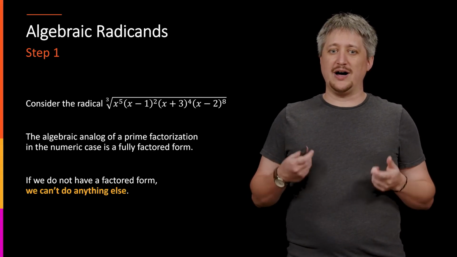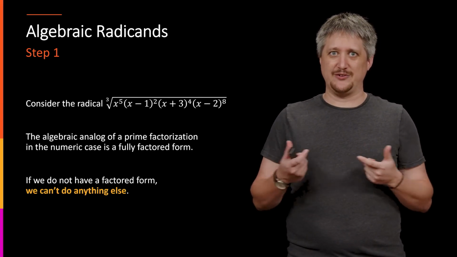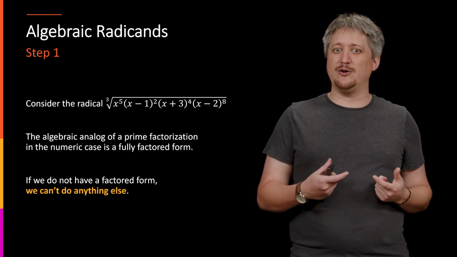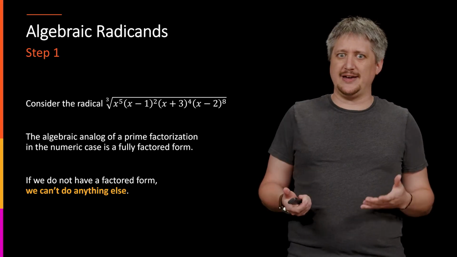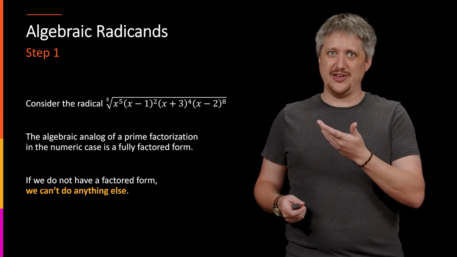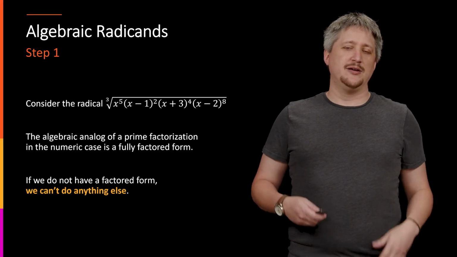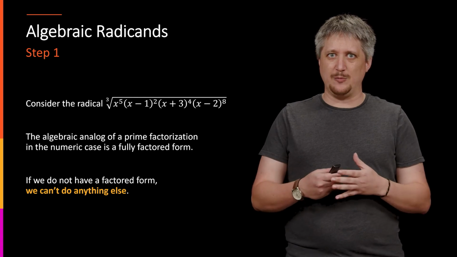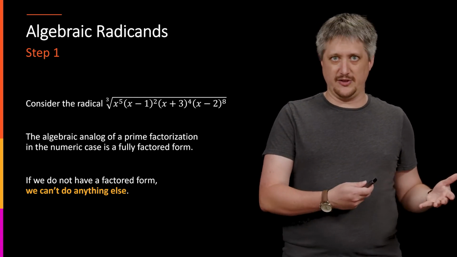And that's why we need to do that fully factored bit: it's the same situation as in the numeric one, only now our factors look weird because they're like x and x minus 1 and x plus 3, instead of 2, 5, or 7, and things like that, okay? But it's the same idea. I'm still factoring it. It's just that now my factors have variables in them instead, okay?